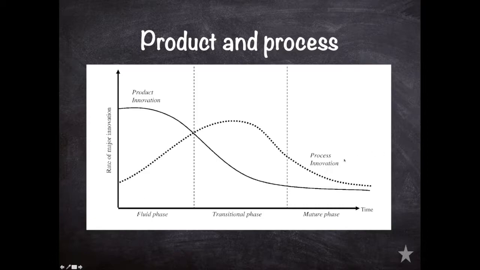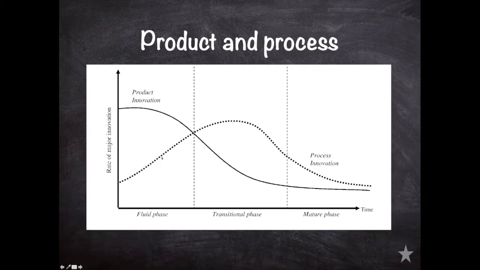Product innovation is related to process innovation because in the beginning when we have the product, we do not exactly know how it will look like, and therefore we have not entirely decided how the process will look like either, and we are not putting a lot of effort into deciding that. But as we are getting more and more sure that this is the way we're going to have our product, then it's more worthwhile to invest into making the process of creating this product better.